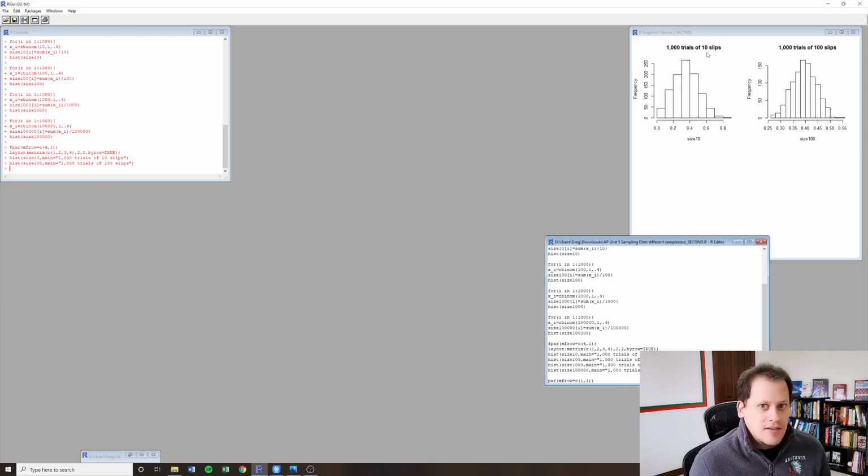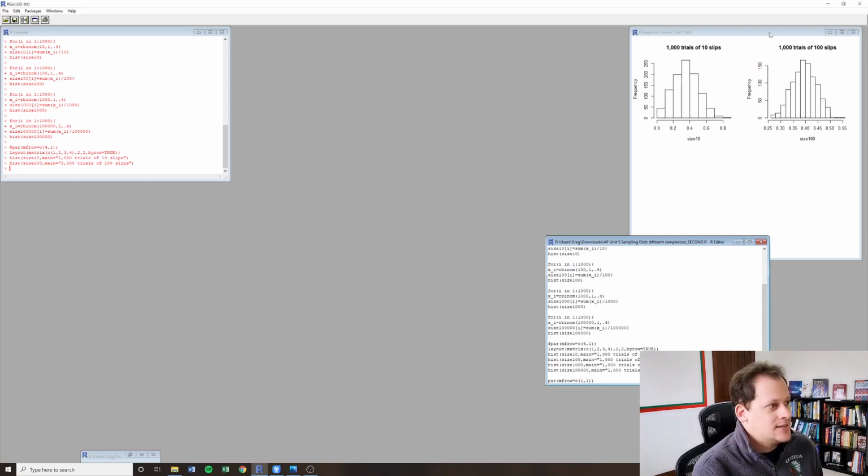Like getting 2 out of 10, not unlikely. Getting 7 out of 10, it's not going to happen too much, but it can happen. When you start taking 100 slips of paper, it's going to be a lot harder to get something like 20 out of 100 or 70 out of 100 if that's not what the true proportion in the hat is. And you can see here, we're coalescing. It looks like the center is around 0.4.